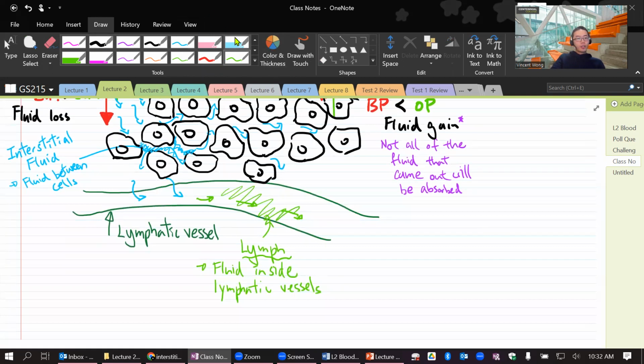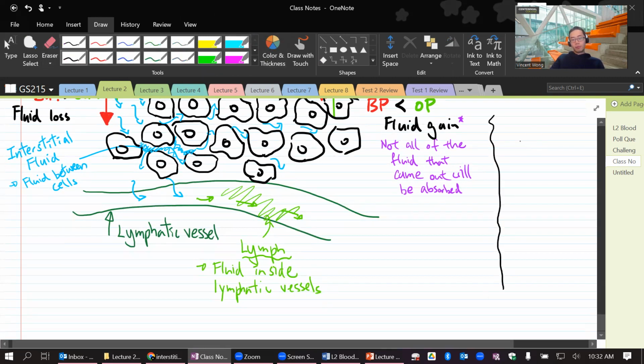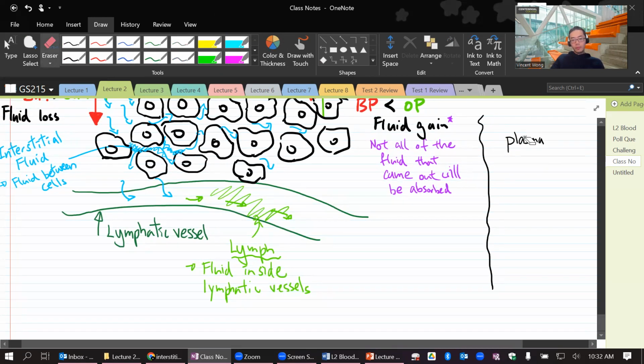Okay. Now, just to quickly help you see what this relationship is, I'm just gonna put it aside. You don't really have to write it down. You can just watch. So we have the plasma, which is the fluid portion of the blood. It leaks out, and then it becomes the interstitial fluid. And then it's going to become the lymph when it goes into the lymphatic vessels.